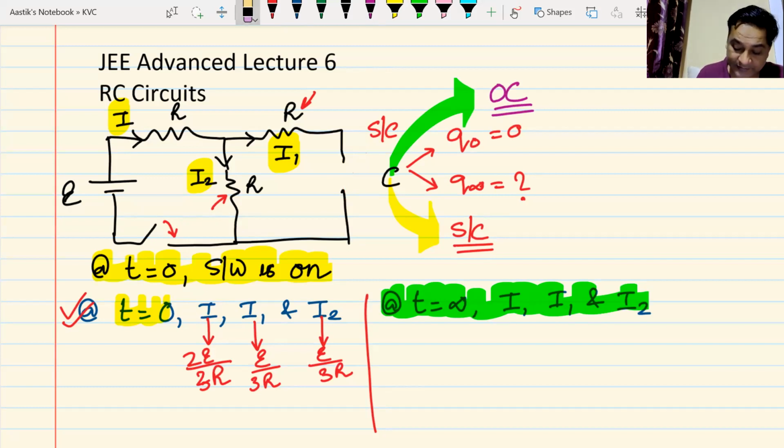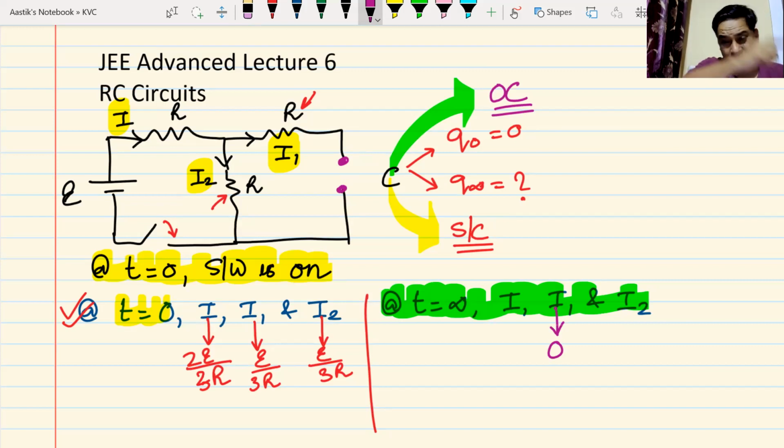So it behaves as if it is not there; the circuit has become open. If the circuit has become open, the value of I1 becomes 0 because there cannot be any current flowing in the open circuit. Yes or no? Yes, sir. That is gone.